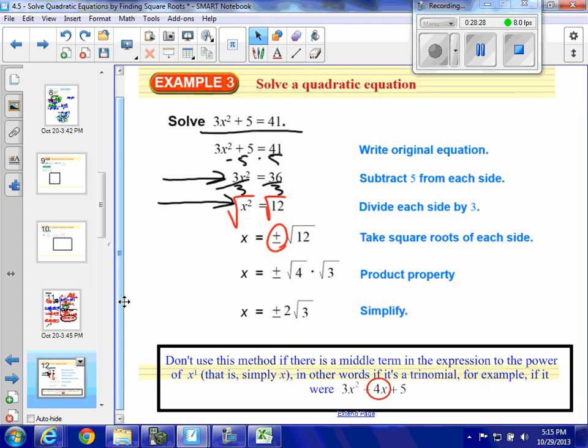All right, so I have x is equal to plus or minus the square root of 12. I'm looking at 12 and thinking, what are my perfect squares that can go into 12? Oh, well, 4 is a perfect square that can go into 12.